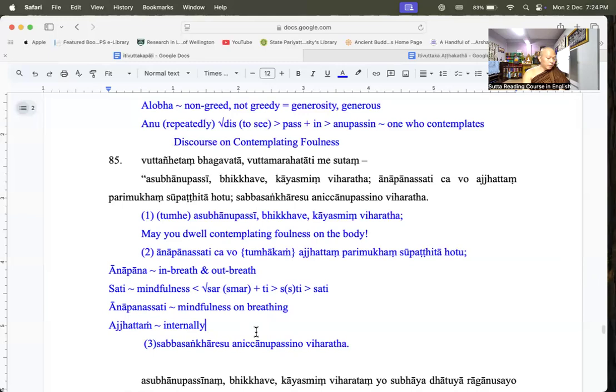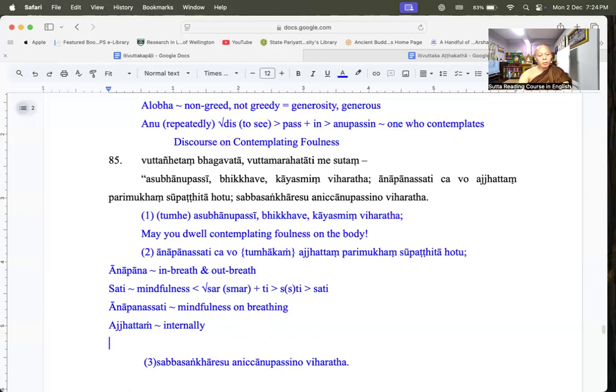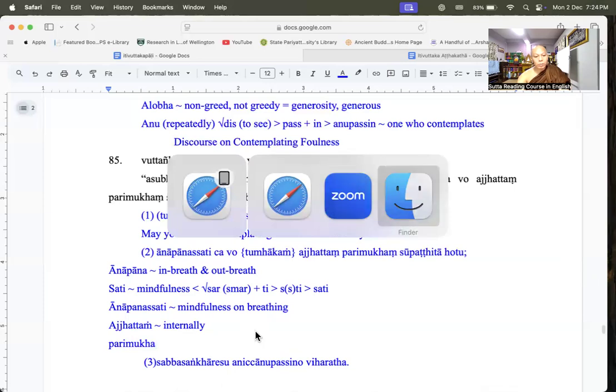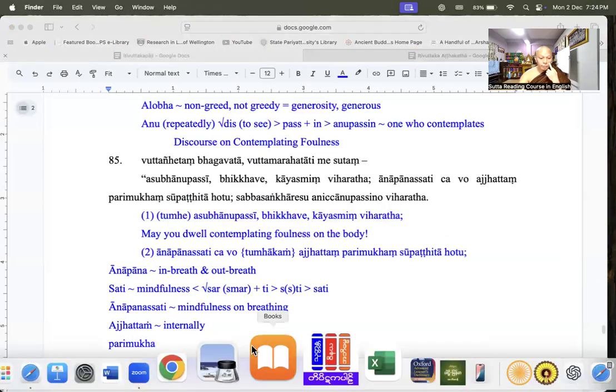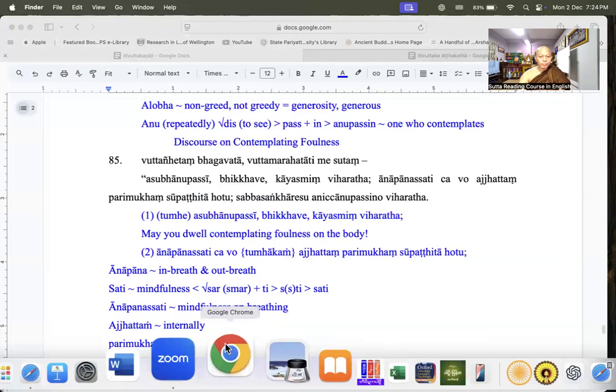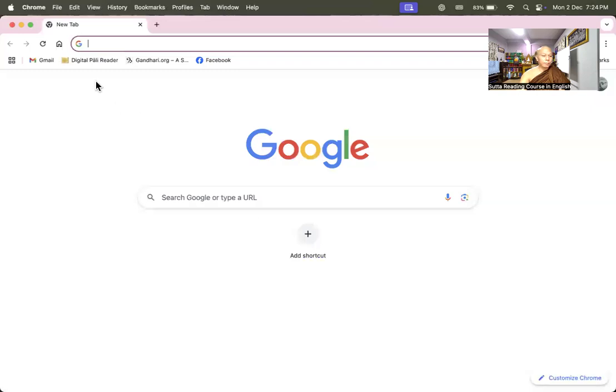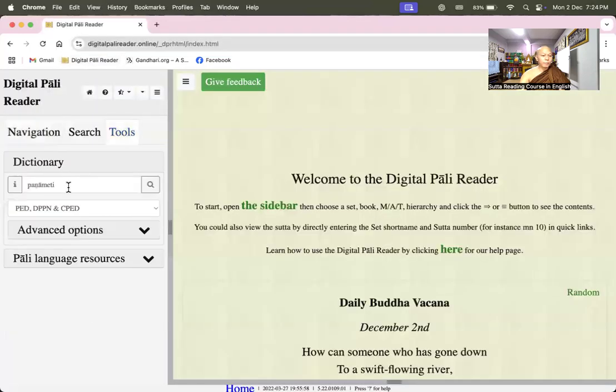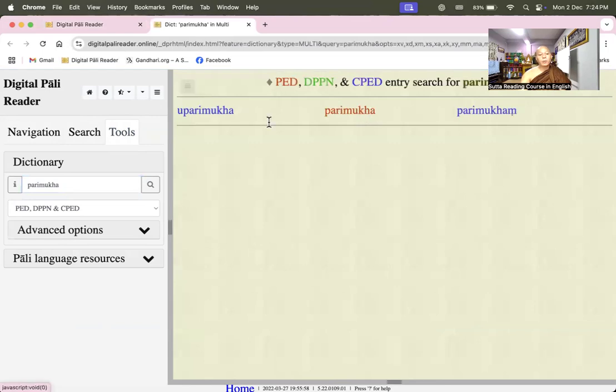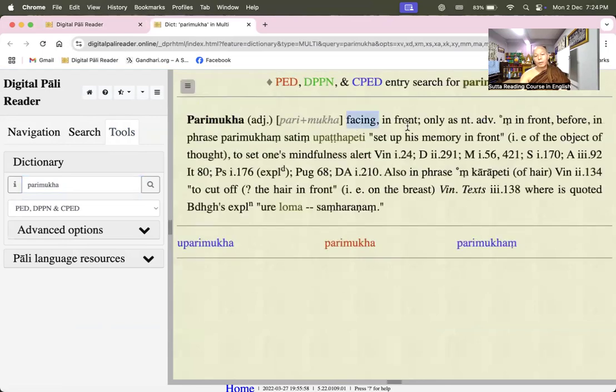And then parimukhaṃ. So pari mukhaṃ, parimukhaṃ. That parimukhaṃ also here is a kind of adjective, later used as an adverb. So parimukhaṃ, facing or in front.